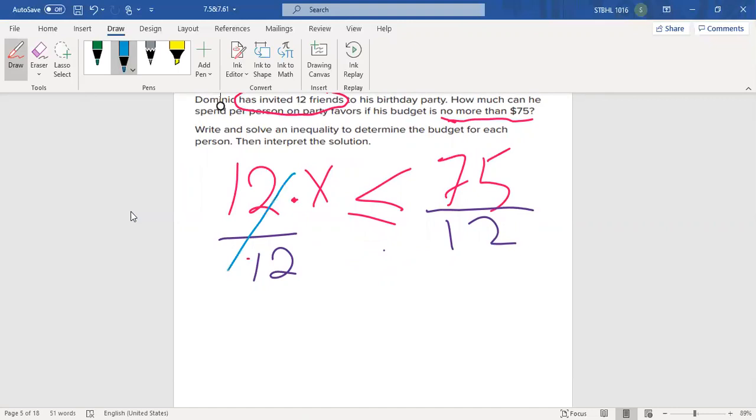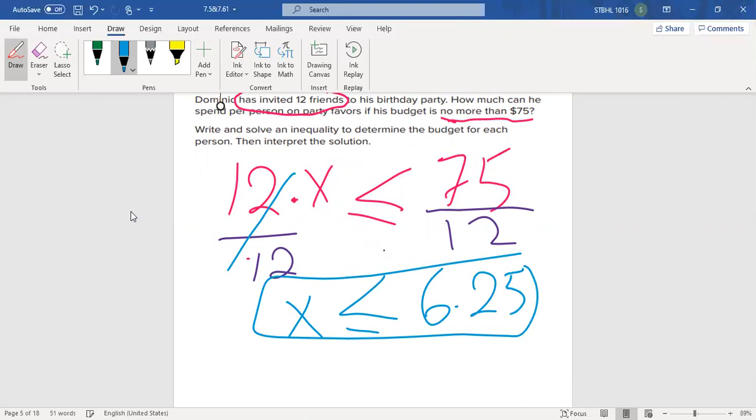X is less than or equal to what? 6.25. What does this mean? From the beginning, x represents what? It represents the money per person. So Dominic can spend no more than $6.25 per person in the party. So he cannot spend more than 6.25.